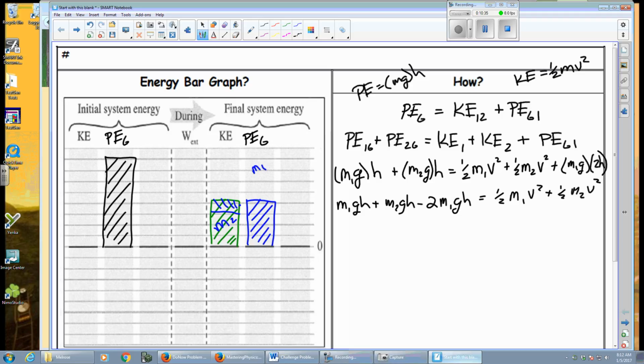And let's see. Oh, I can minimize this. M2GH minus M1GH, right? And then this would be V squared times 1/2 M1 plus 1/2 M2.